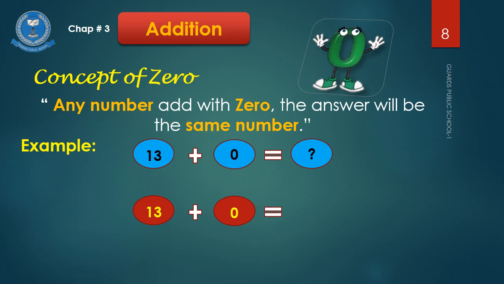So, the sum of 13 plus 0 is equal to 13. Similarly, if we put the same addends the opposite way, like if we add 0 to 13, we will get the same answer, that is 13.